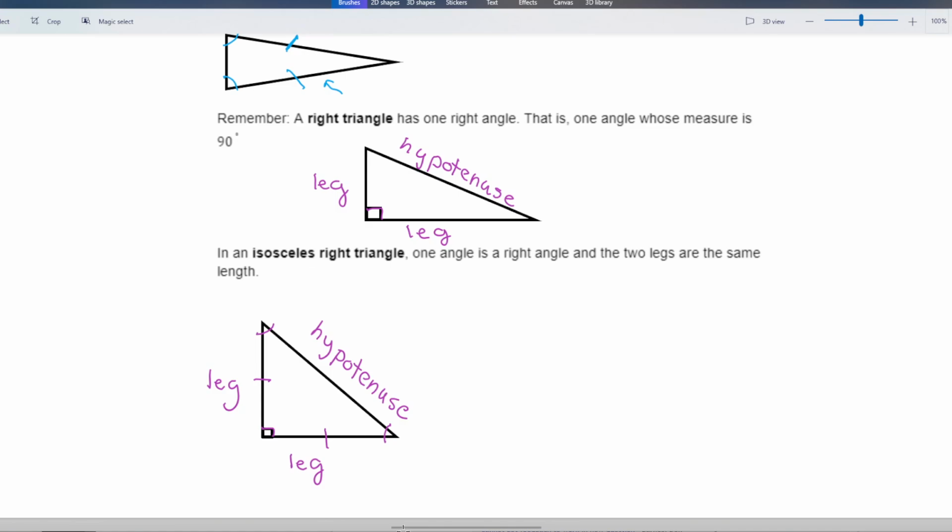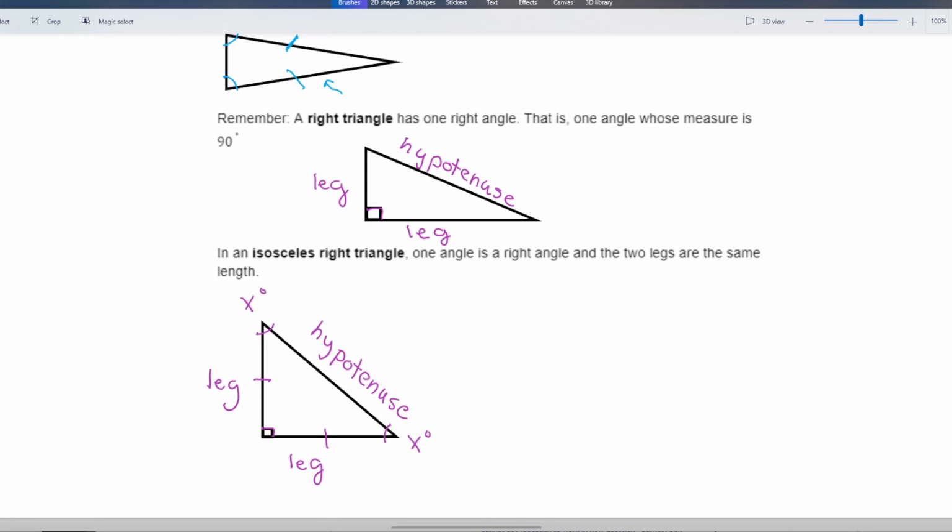Again, we can figure out what that measure is going to be. So let's take a second to figure that out. These are going to have the same measure, and we're going to call that angle x.